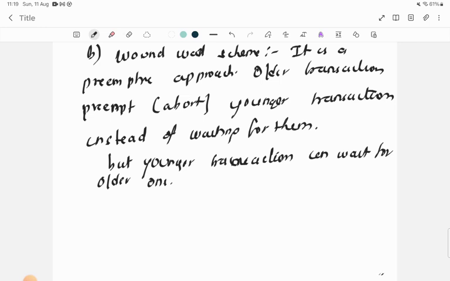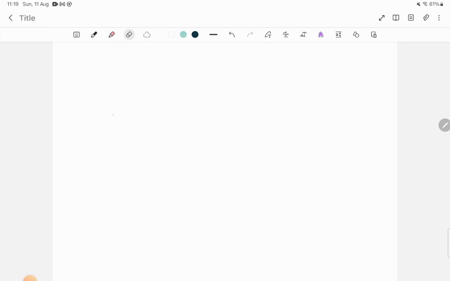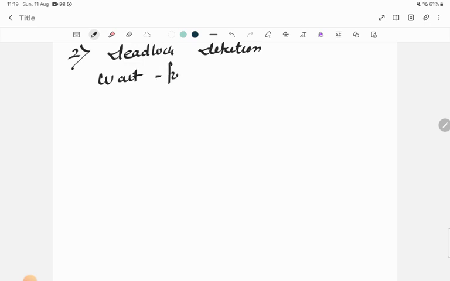Now, these two were the methods for deadlock prevention. The second thing is deadlock detection. How do we detect whether a deadlock is going to happen? As I already discussed in the definition part, for this we use wait-for graph analysis. It is a very suitable method for deadlock detection.